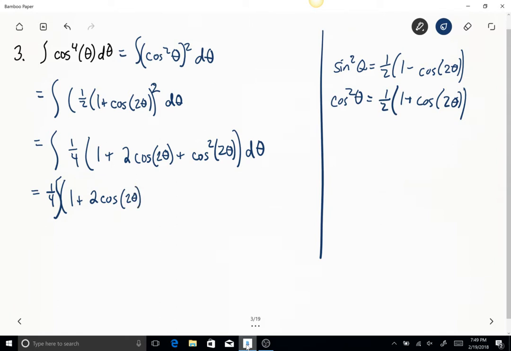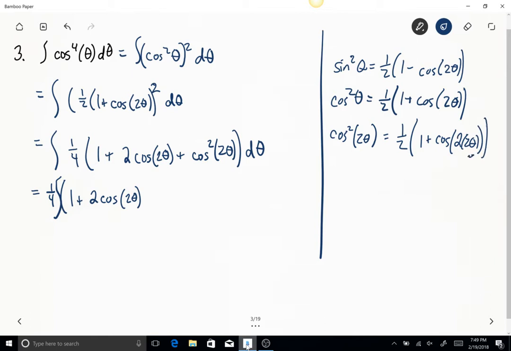Now here's the next trick. Cosine squared 2 theta. So what that means, if we have cosine squared of 2 theta, we can rewrite this thing. And how do we rewrite this thing? Well, we take 1/2, and then we'll go 1 plus cosine. Well, notice it was theta here, and it became 2 theta, so it goes 2 times 2 theta, right?